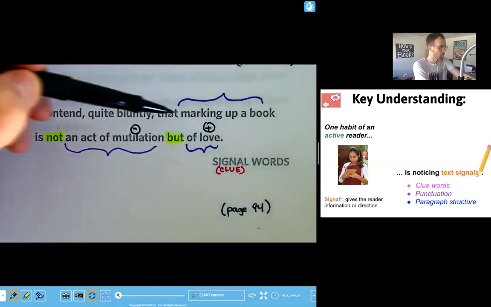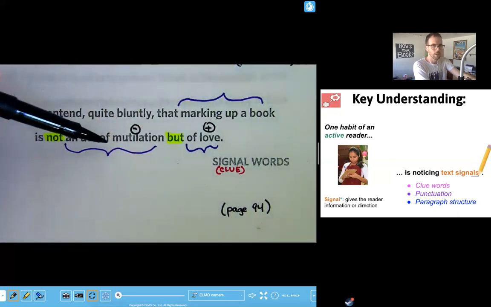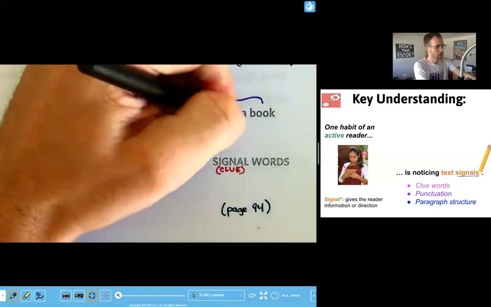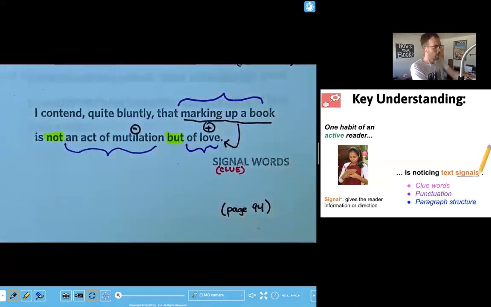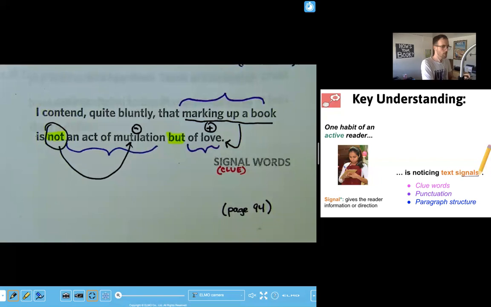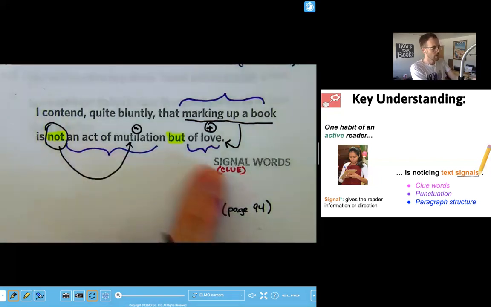He says, marking up a book is not a bad thing, but it's a good thing. It's something to do with love. It shows love. Marking up a book shows love, not mutilation. So I was able to do that and solve that using signal words.